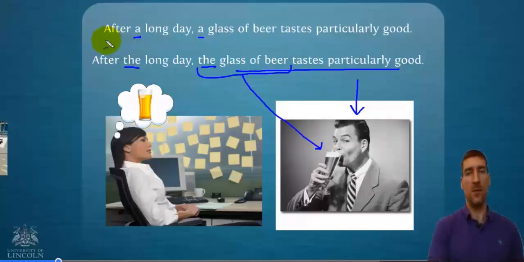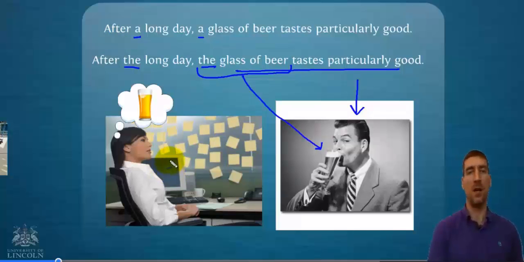The first sentence, however, is more of a general statement. So again, we've got the indefinite articles, so they're not being specific to a particular day or a glass of beer. This lady in her office is just thinking in general terms, after a long day, a glass of beer is good. Now, has she had a long day today?